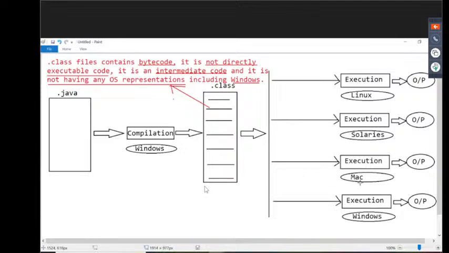If you want to execute this bytecode, definitely that bytecode must have the local operating system representations. Almost the same problem we encountered in the case of C and C++, or not? Answer my point.